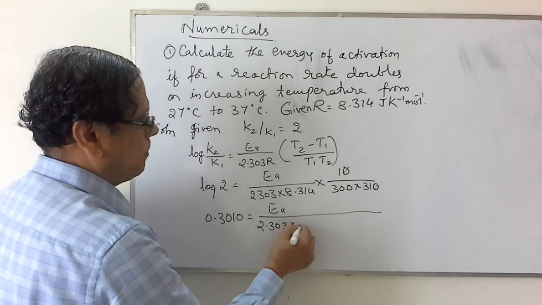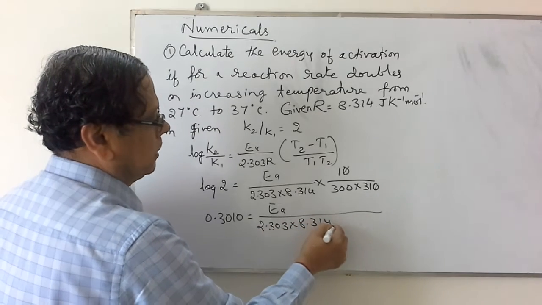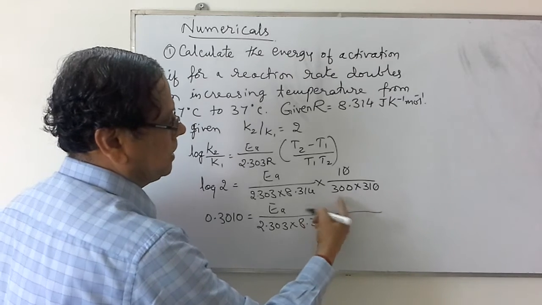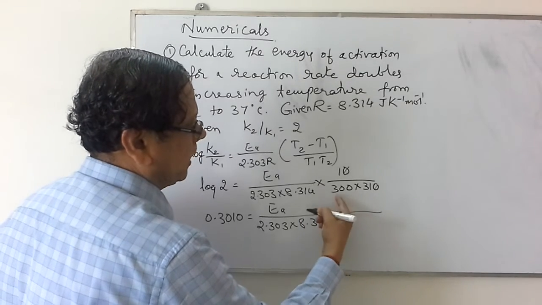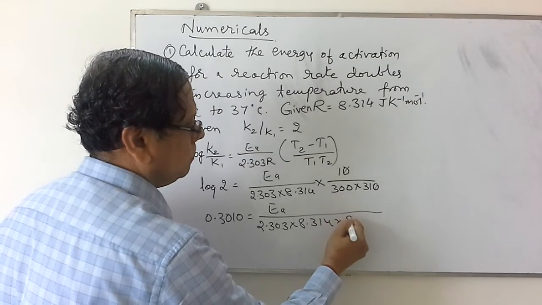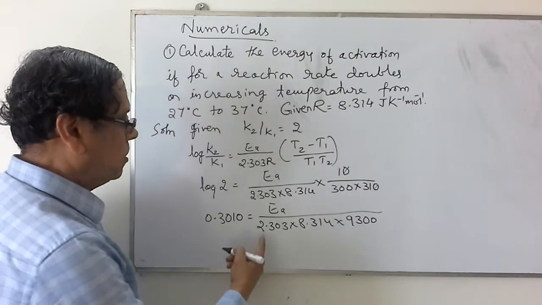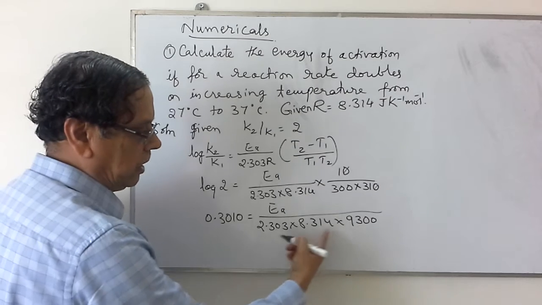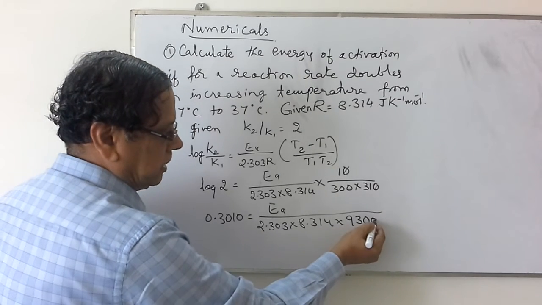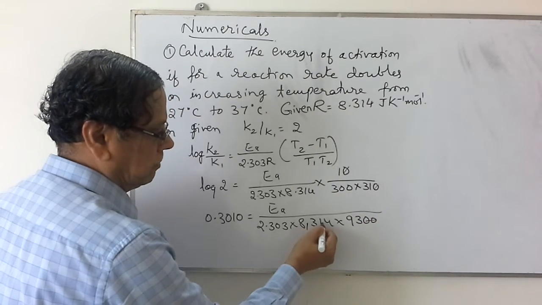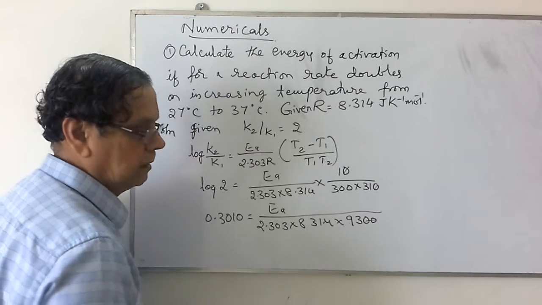2.303, 8.314 into 31 into 3, which is actually 93, 9,300. Approximately, you can calculate. If you cancel these two zeros, keep the decimal point here.